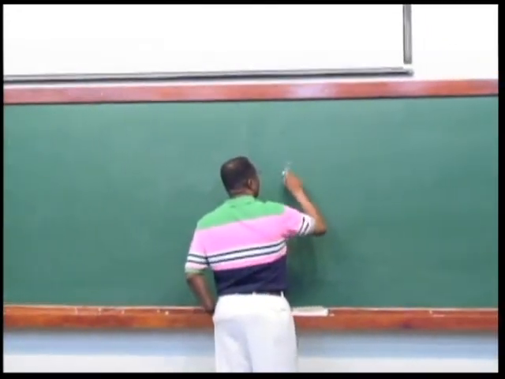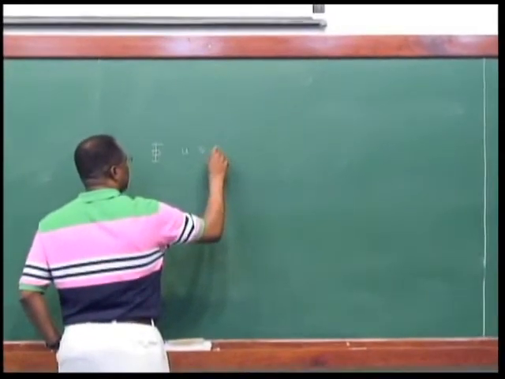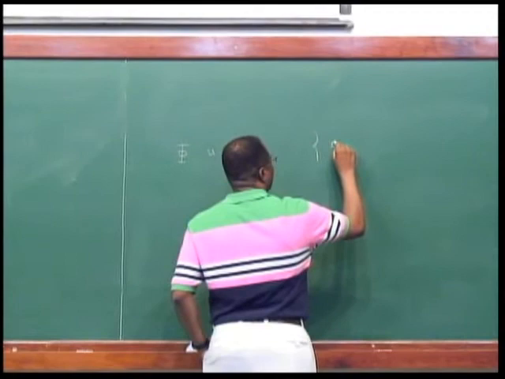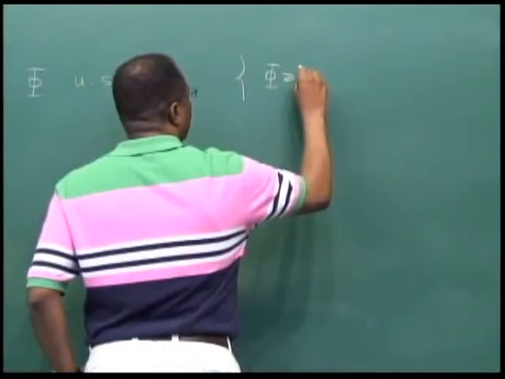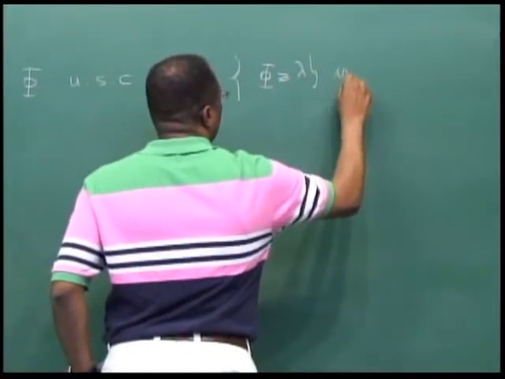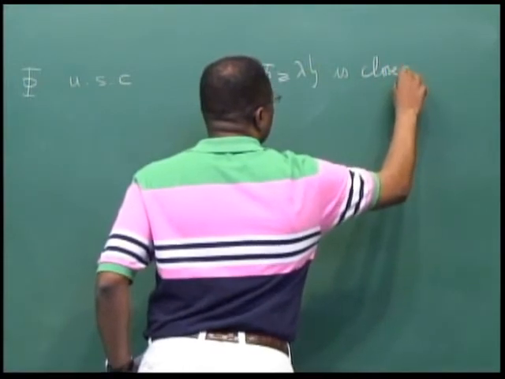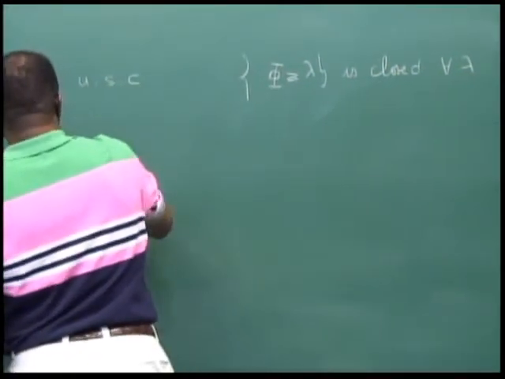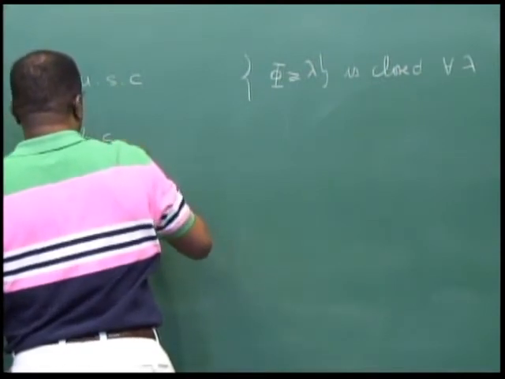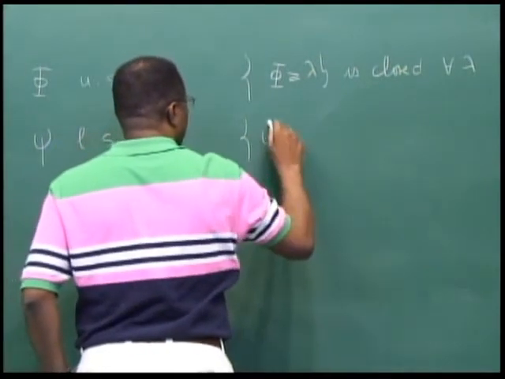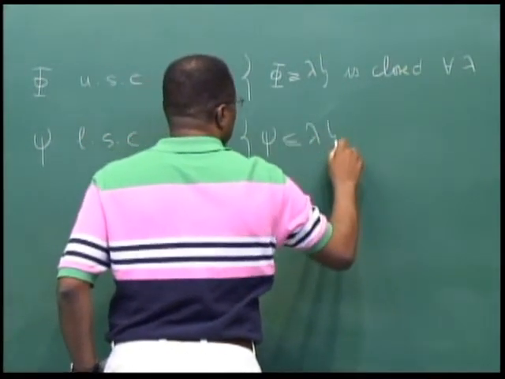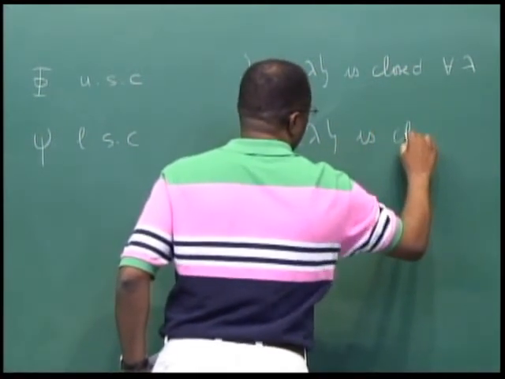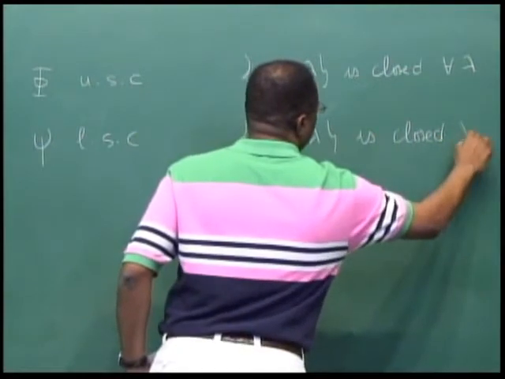Phi upper semi-continuous means the set where phi is greater than lambda is closed for every lambda. Psi lower semi-continuous means the set where psi is less than lambda is closed for every lambda.